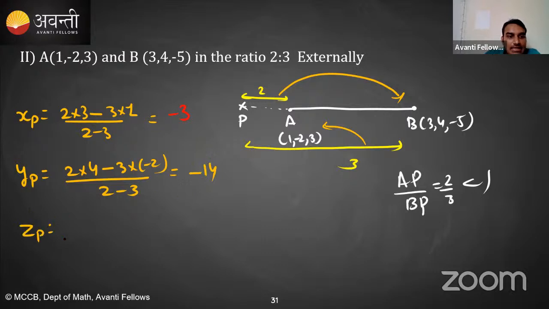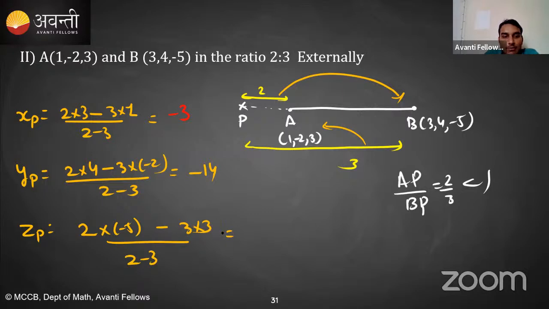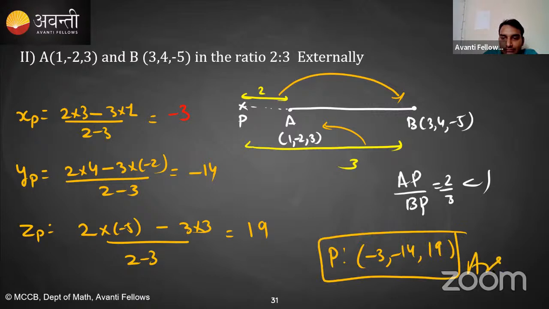The z coordinate of P is (2 into minus 5 minus 3 into 3) divided by (2 minus 3). Minus 10 minus 9 is minus 19, upon minus 1, which is 19. So the coordinates of P are (-3, -14, 19). This is your answer. Is this clear, everyone?